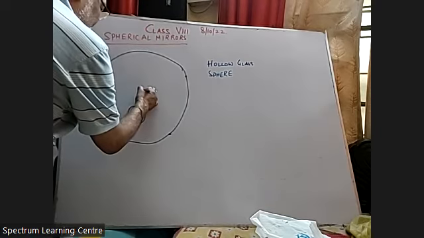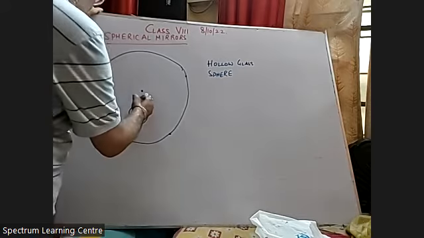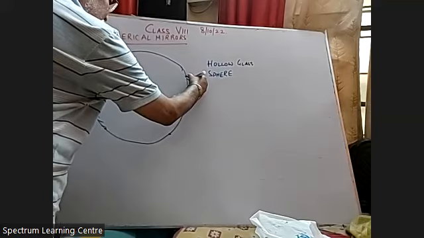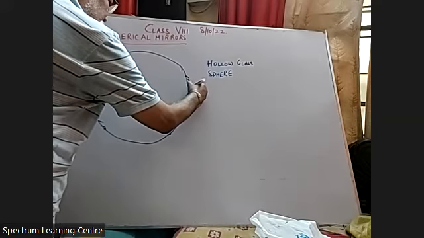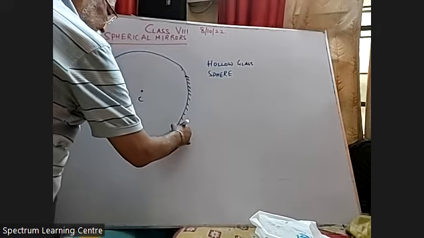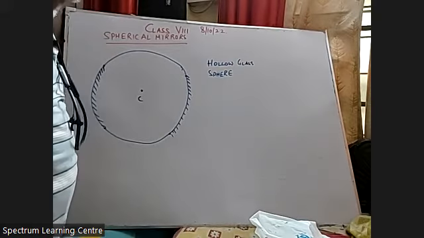And the center of the glass is C. And this is painted over here, painted with silver.